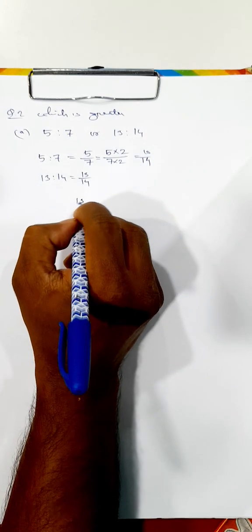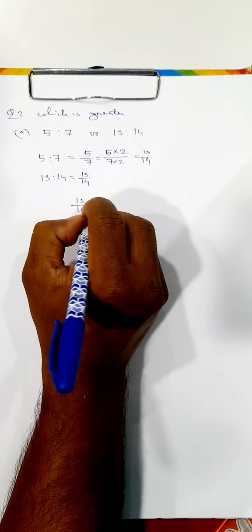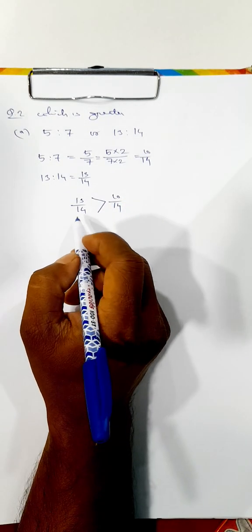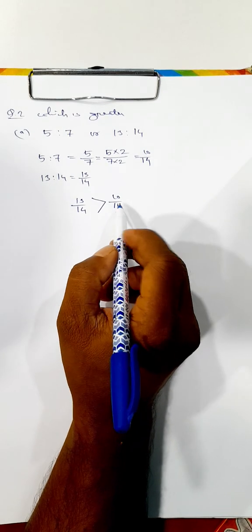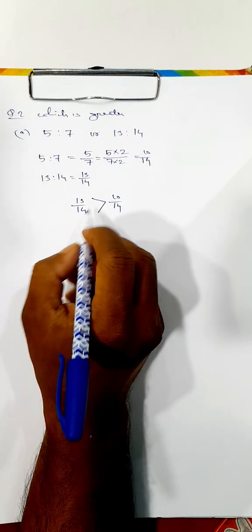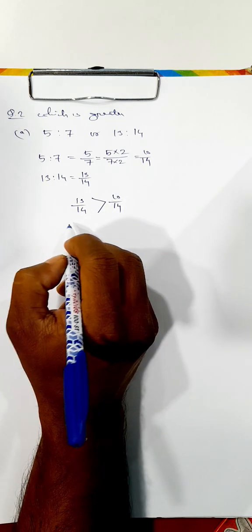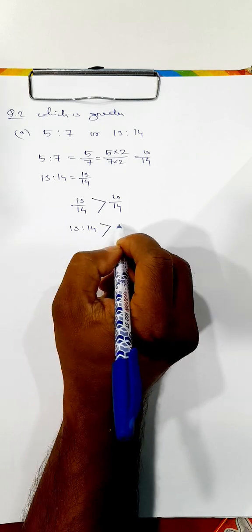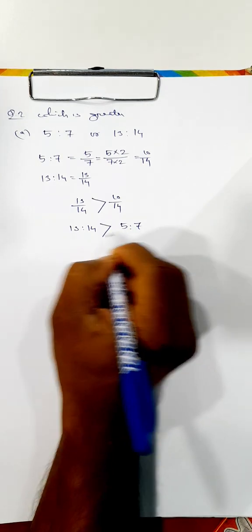Now 13 by 14 is greater than 10 by 14, right? You got 13 out of 14 and your friend got 10 out of 14. That means you got more marks in the exam. 13 by 14 is greater than 10 by 14. That means 13 is to 14 is greater than 5 is to 7.